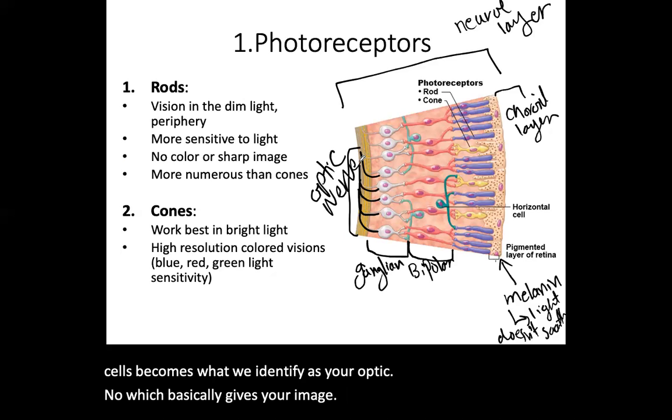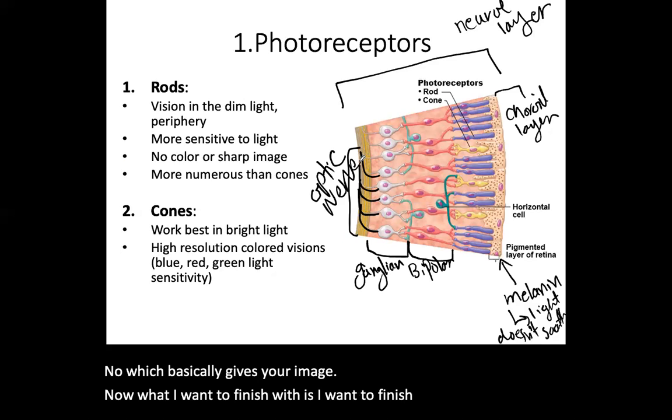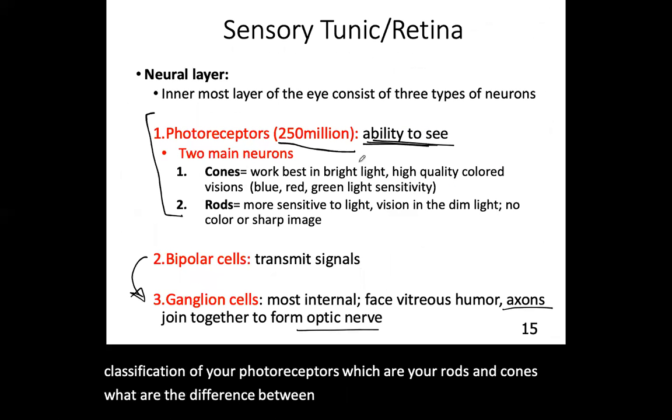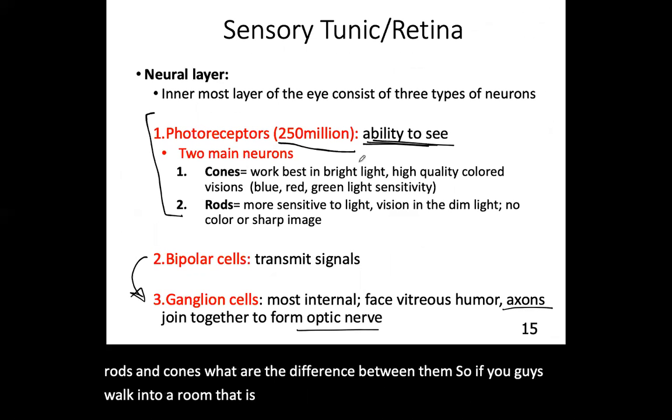Now, I want to finish by looking at the classification of your photoreceptors, which are your rods and cones. What are the differences between them? If you walk into a room that is relatively dark, you still can see where your objects are.